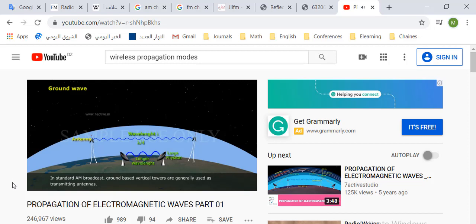In standard AM broadcast, ground-based vertical towers are generally used as transmitting antennas. For such antennas, ground has a strong influence on the propagation of the signal. The mode of propagation is called surface wave propagation, and the wave glides over the surface of the earth.